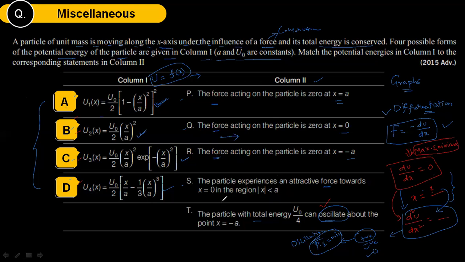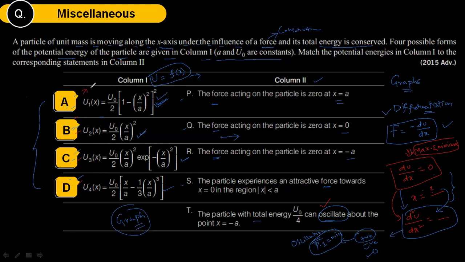And listen guys, in order to save time, you must have some knowledge of the nature of the graph so that you can identify the options quickly. If you keenly observe A, B, C and D, all four different equations, here A can be treated as a double well type curve.